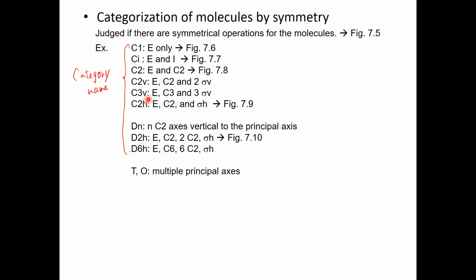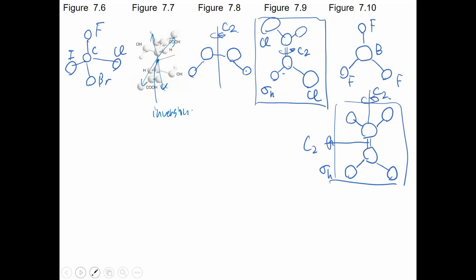In the case of C3v, you have a C3 operation and also three sigma v operations. And in C2h, you need to have E, C2, and sigma h. One of the examples is given in figure 7.9, which is here.